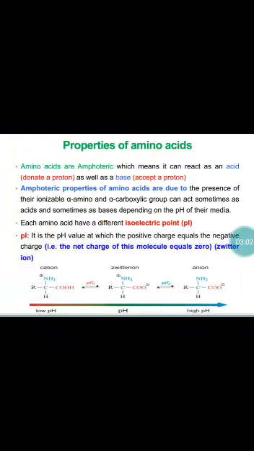Properties of amino acids. Amino acids are amphoteric, which means they can react as an acid as well as a base. What is a base or what is an acid? Acids donate a proton and bases accept a proton.